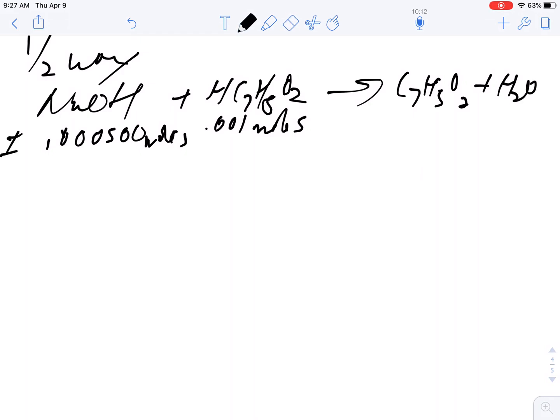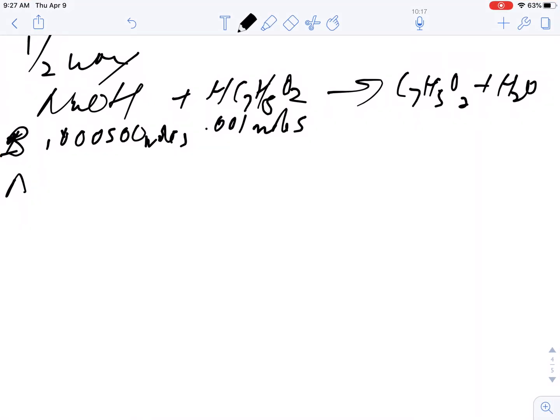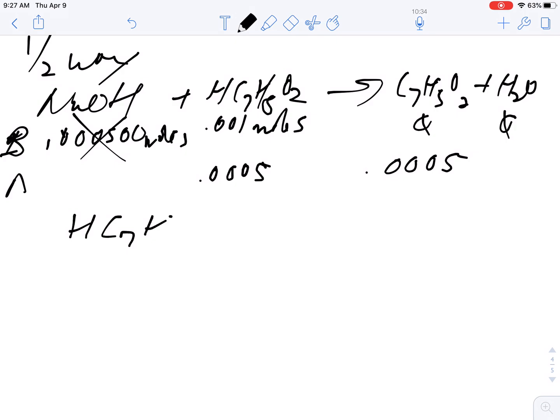If we do before and after, this will go away, and I'll end up with this much of this and this much of this. So at halfway to the equivalence point, the moles of your weak acid are equal to the moles of the conjugate base.